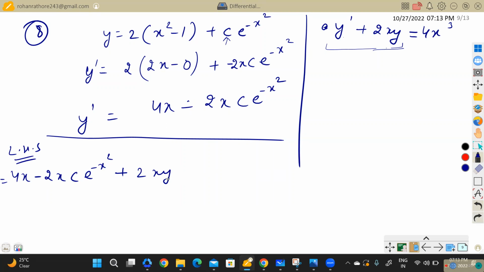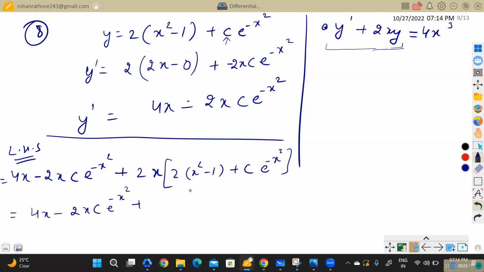So the value of y is 2 times x square minus 1 plus c e raised to the power minus x square. So this stays the same, minus 2x c e raised to the power minus x square plus this comes out to be 4x cube.